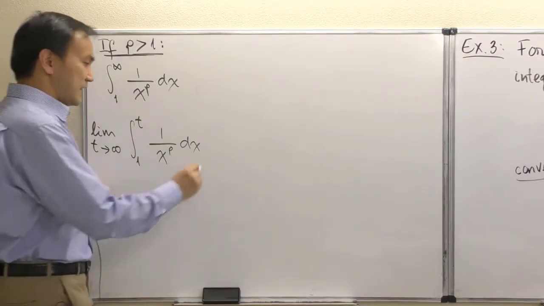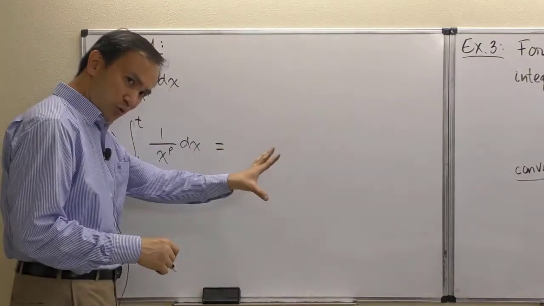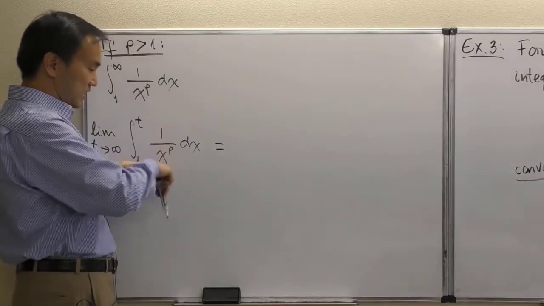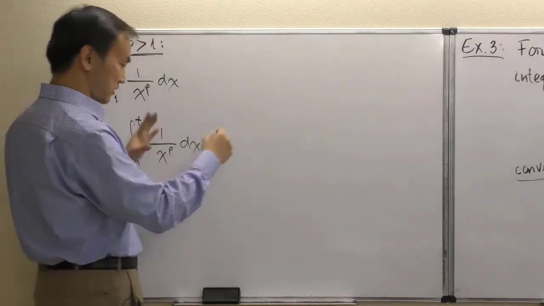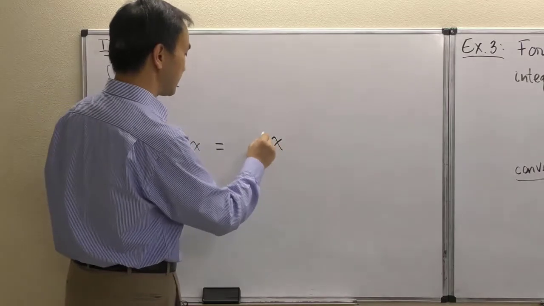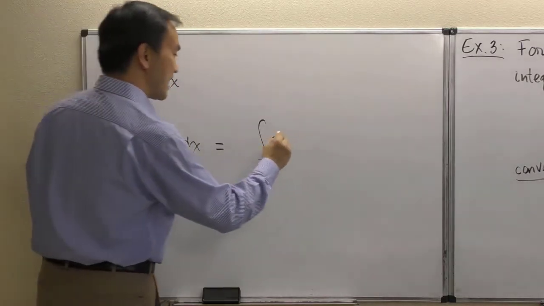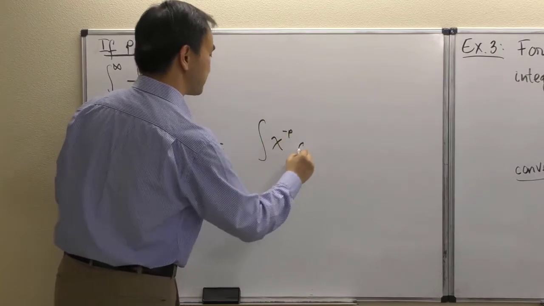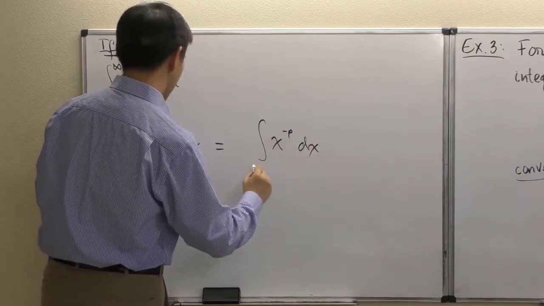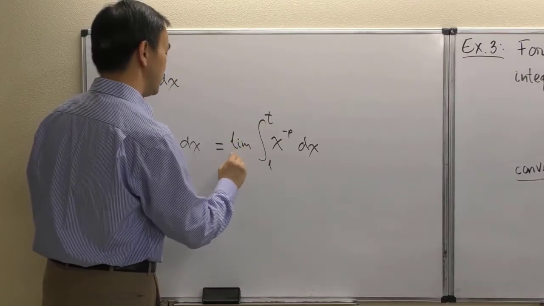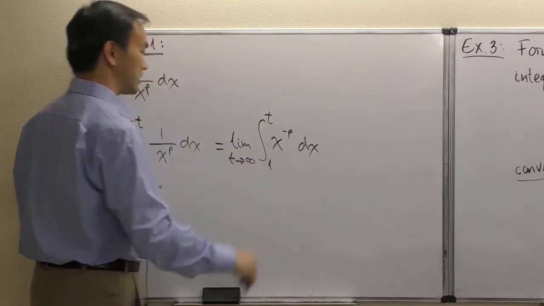Back to what I was saying earlier, we realize that we can use the power rule. The first thing, before taking the antiderivative, I'm going to rewrite 1 over x to the p as x to the minus p power. The integral is from 1 to an arbitrary t value, and then we're allowing t to approach positive infinity.